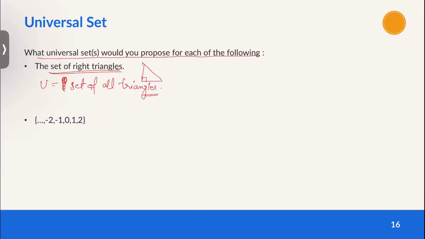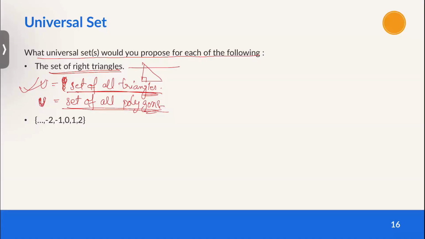Or we can write U as the set of all polygons, because a triangle is a polygon and a right triangle is also a polygon. So the universal set can be the set of all polygons, or the set of all triangles. It doesn't matter. So you can see that the universal set is context dependent.